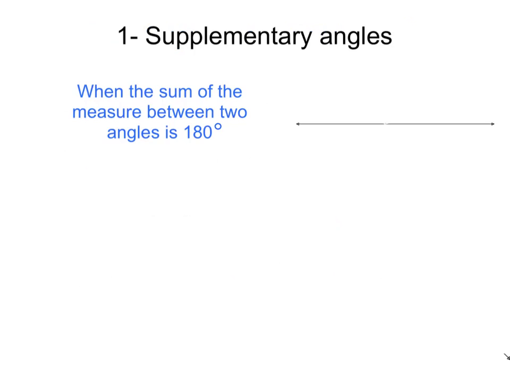As you have seen this before, supplementary angles are when the sum of the measure between 2 angles is 180 degrees. Now, by looking over here on the right side, we see we have a line, and a line is exactly 180 degrees. So from one point to the next, that whole line is 180 degrees.